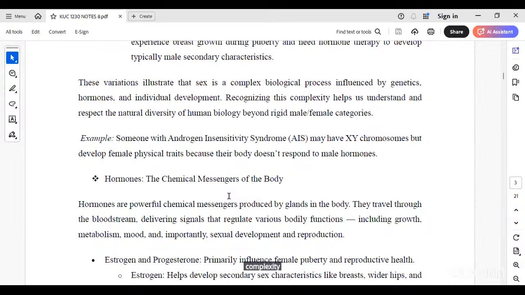If someone has XXY, because of the Y chromosome, this person will have the male reproductive organ, but still will have a lot of features associated with being female.